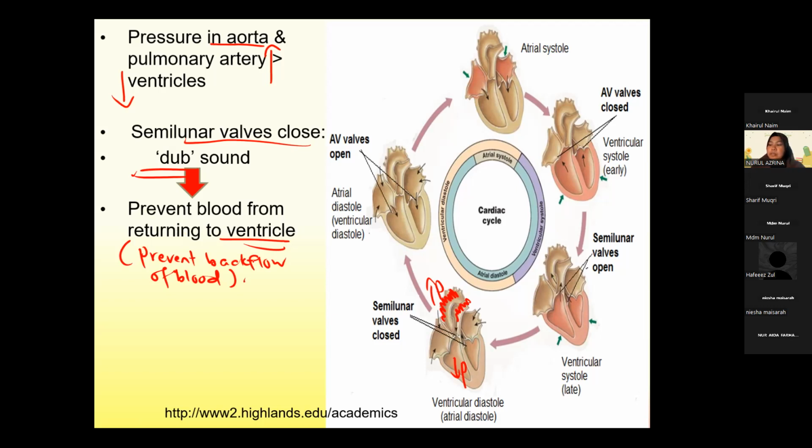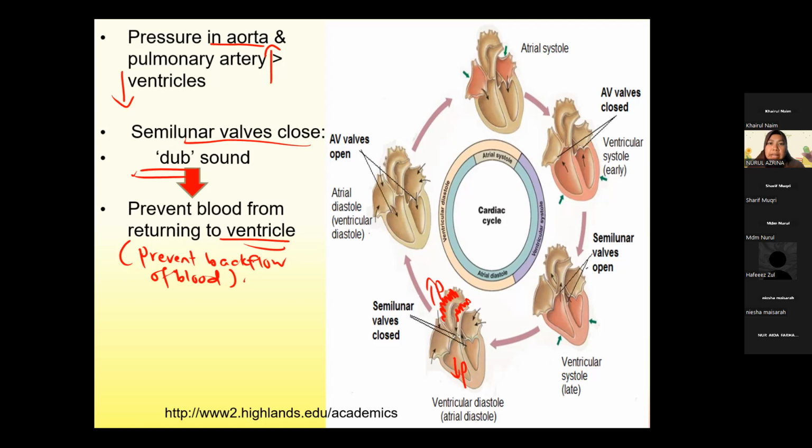So that is what happened within every single heartbeat, divided into 3 phases. How much time is needed to complete one cardiac cycle depends on the pulse or the heartbeat of that particular person.